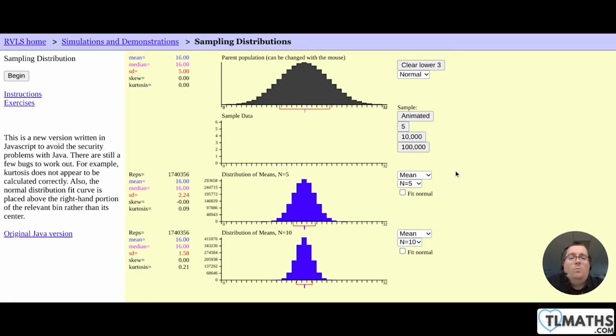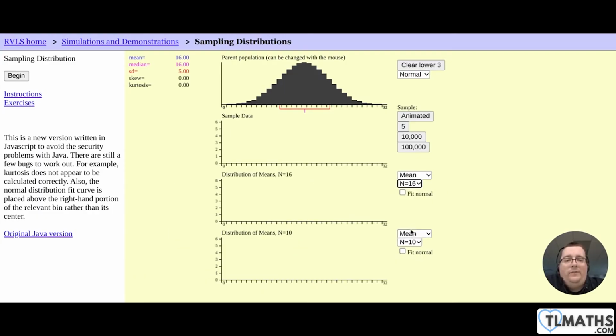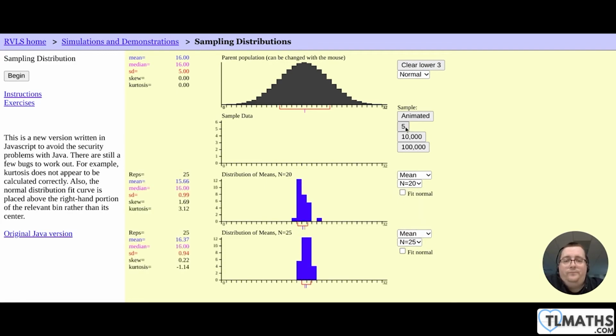Let's do one more, shall we? We've had 2.24 and 1.58. That's coming from n is 5 and n is 10. I'm going to do n is 20 and n is 25. You might want to jot these numbers down and see if you can work out what the link is.